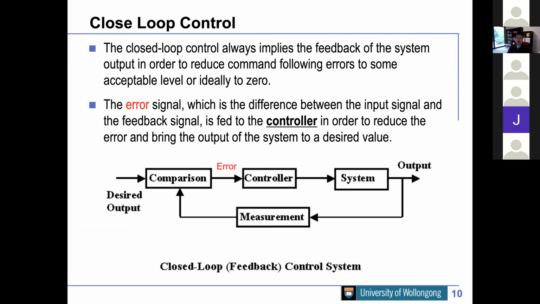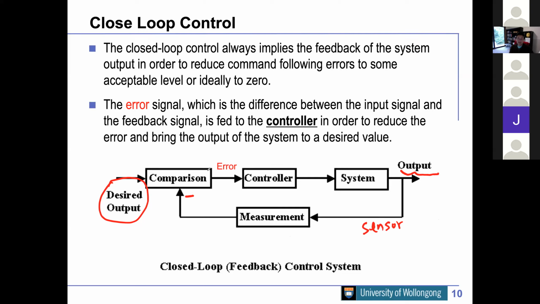So for closed loop control, what we can see from the example is there will be a desired output, which is where the system wants to go, and this is the actual output. We normally use a sensor to measure the output, and this is negative.